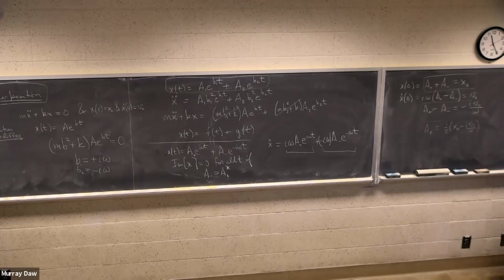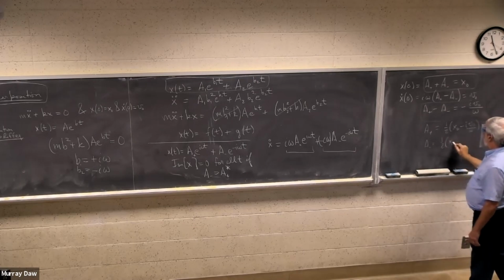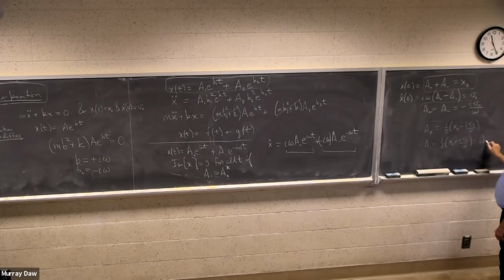And A minus will be the complex conjugate. A minus is what you get when you subtract this one from this one. And A minus is this. And I had predicted that in order to make this work, it has to be the complex conjugate of A plus, and that's because x has to be real for all time.